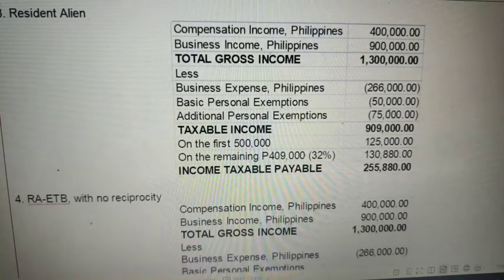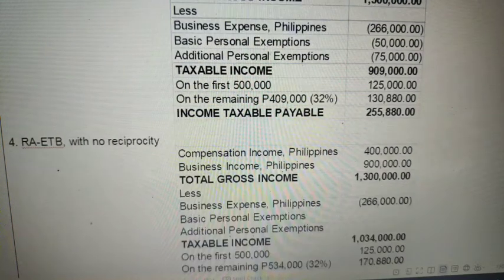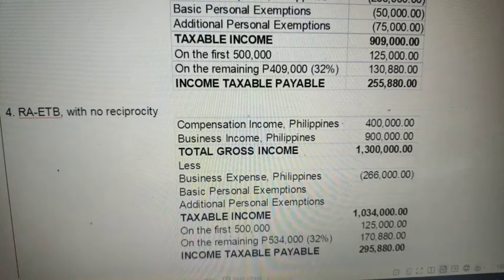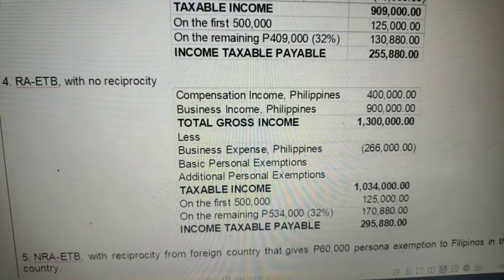So, ang kinuha lang yan na total gross income is the compensation income in the Philippines and business income in the Philippines. So, resident alien engaged in trade and business with no reciprocity is compensation income in the Philippines pa rin, the 400,000 and business income in the Philippines.